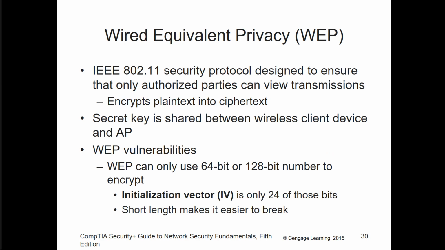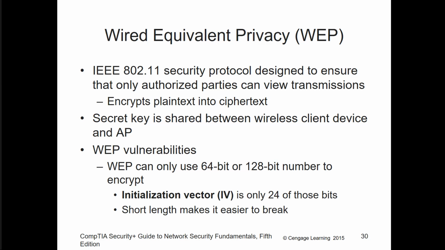WEP is vulnerable as it only uses a 64-bit or 128-bit number for encryption. And the sad part here is it's really easy to break into. The shorter length makes it way easy to break, and there are other vulnerabilities that basically allow an attacker to capture a few packets and quickly decipher the key.